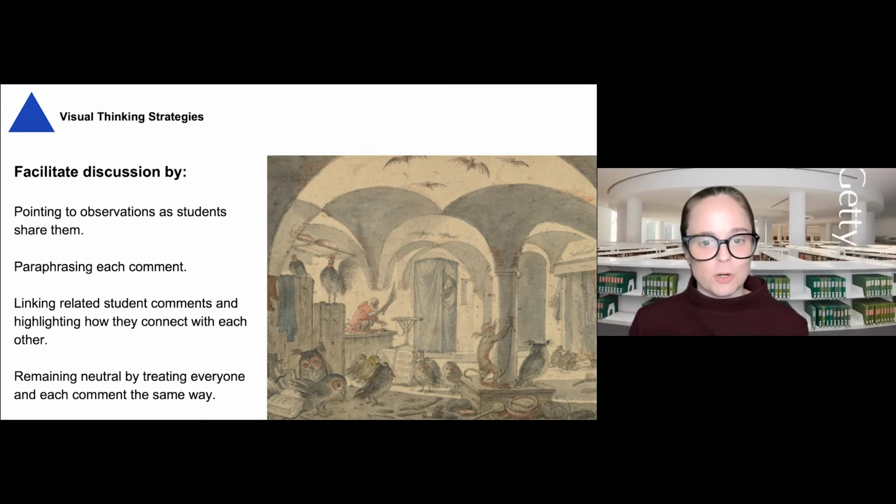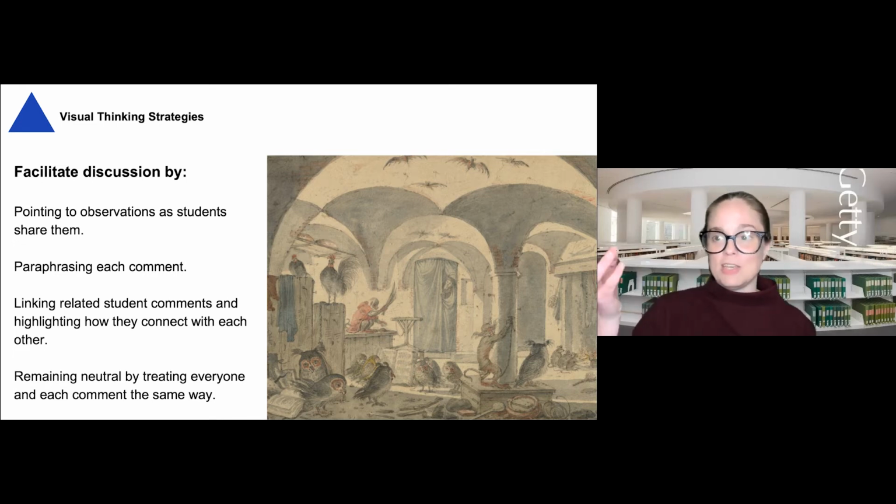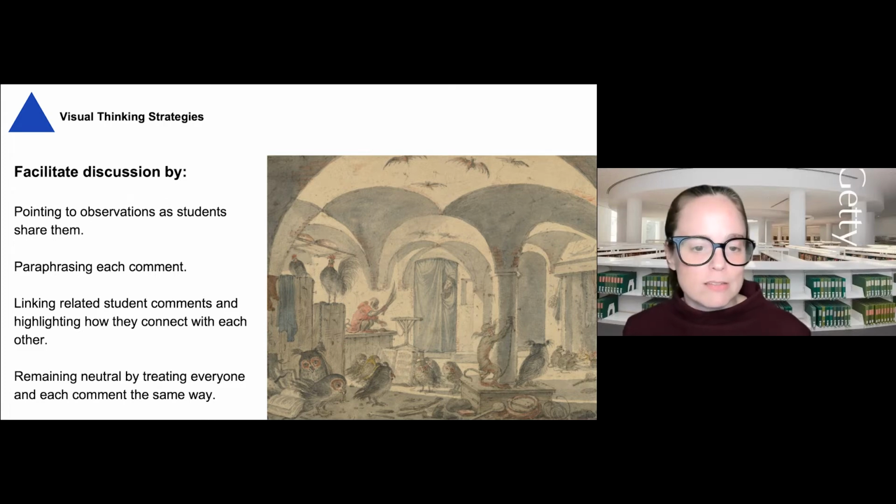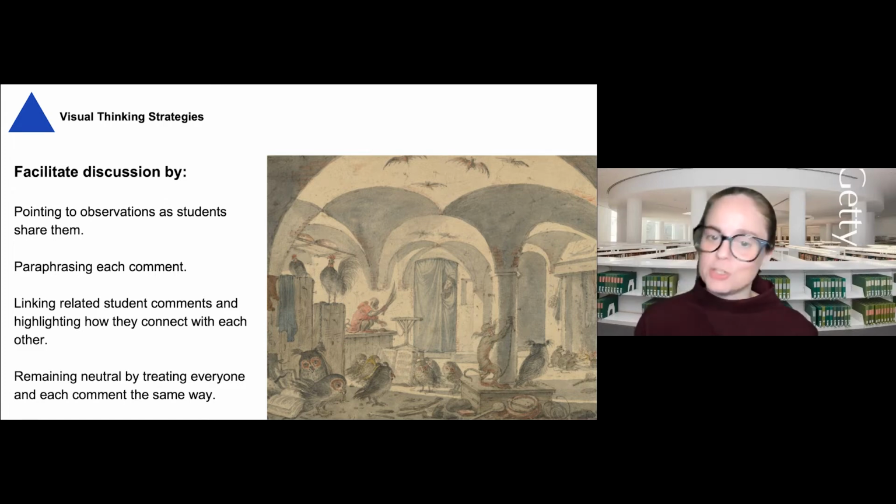Another tip is to verbally rephrase the observations of the students. So this not only verifies that you're understanding what the student is saying, but then it also shares out the idea to everyone else. And then another job during these 3 questions, and then discussing in between, is that you're going to link student ideas together.